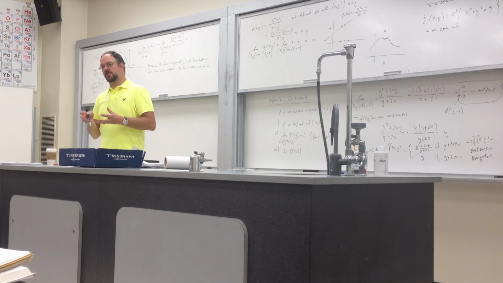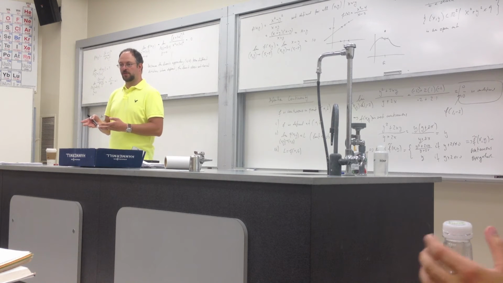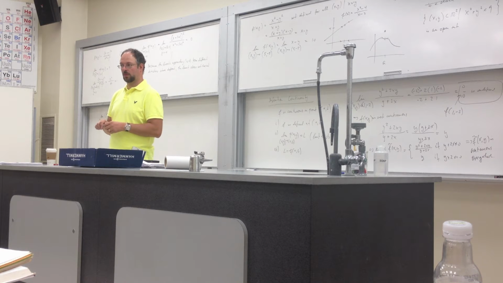We have a function that is defined on 2 dimensions going into R, or a subset of R, and we can only compose it with a function that is defined on only a subset of R. Okay.